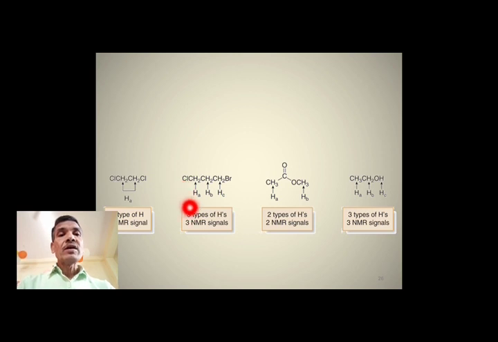Here, these 6 hydrogen atoms don't have the same chemical environment. The hydrogen atoms attached to this carbon atom near to chlorine are represented by Ha, this middle hydrogen atom Hb, and these hydrogen atoms Hc.